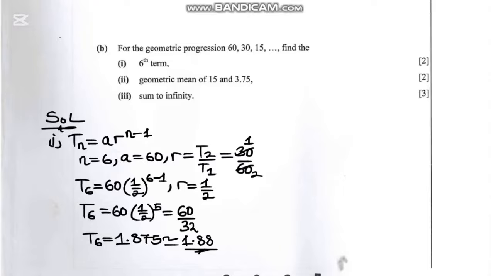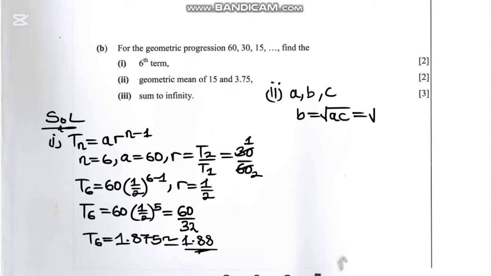Moving on to Roman numeral 2, find the geometric mean of 15 and 3.75. If you consider a geometric progression with consecutive terms A, B, C, then B is the geometric mean, and B can be calculated by applying the square root to the product of A and C. In this case, A is 15 and C is 3.75. We are trying to find B, the geometric mean.